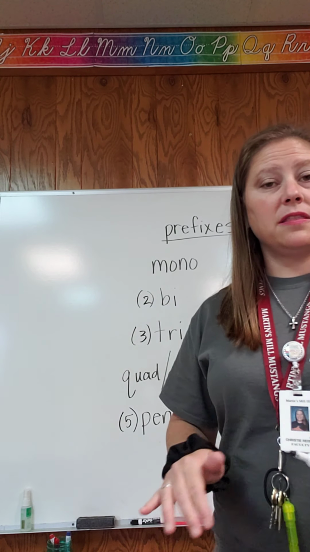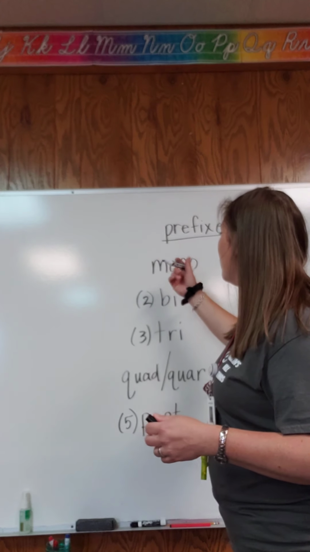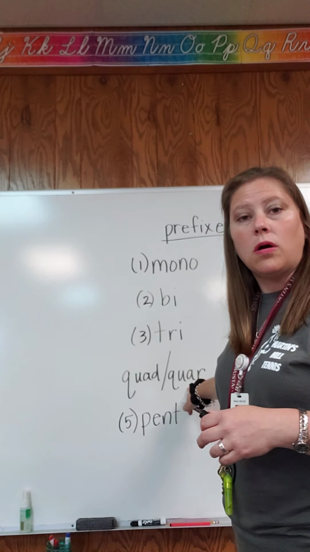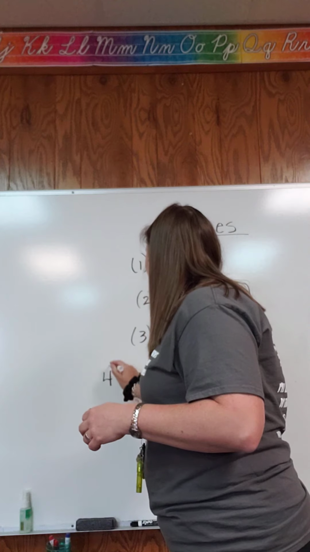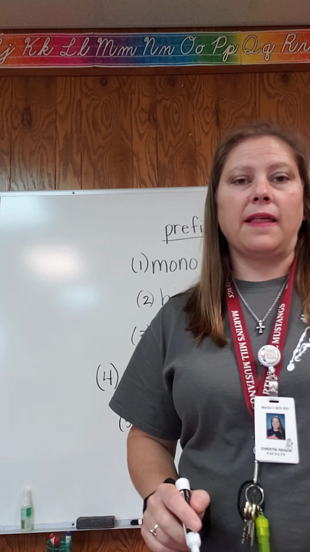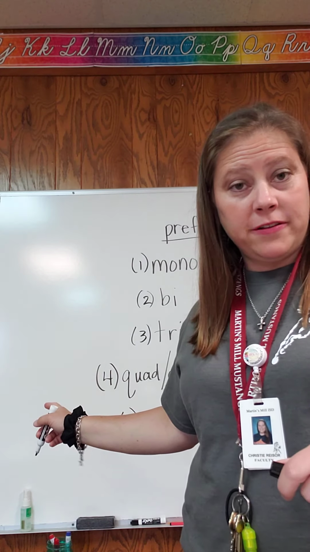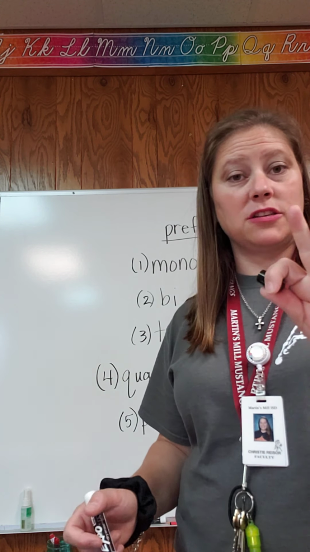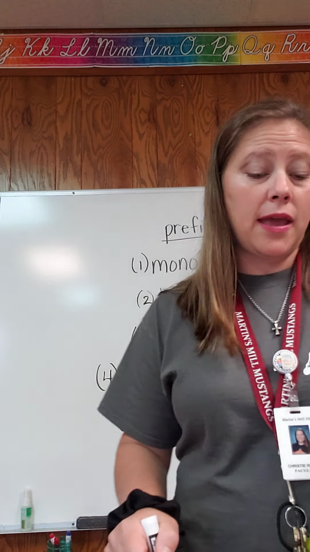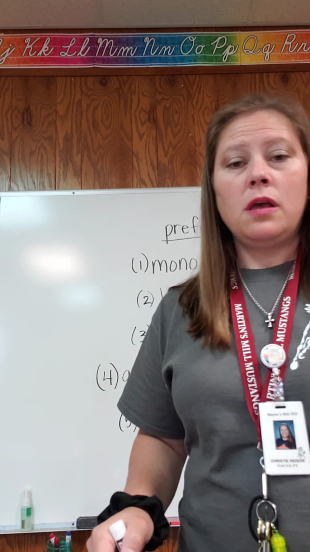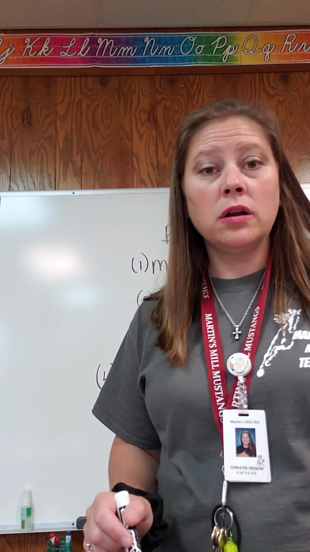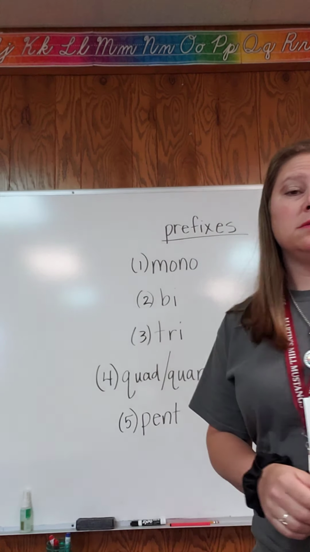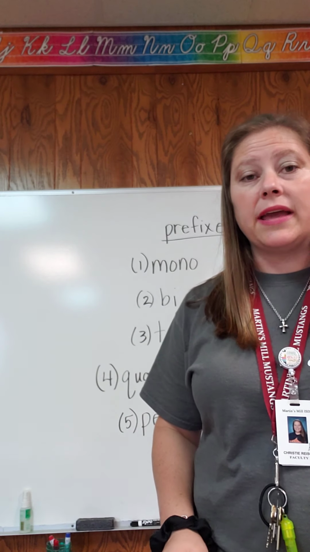So if you just fill in the spot, then you realize mono is related to number 1, quad or quar is related to number 4. Like a quadrigraph we talked about. Digraph, trigraph, quadrigraph has 4 letters. Quarter, okay? So those relate to numbers. All of these prefixes relate to numbers.